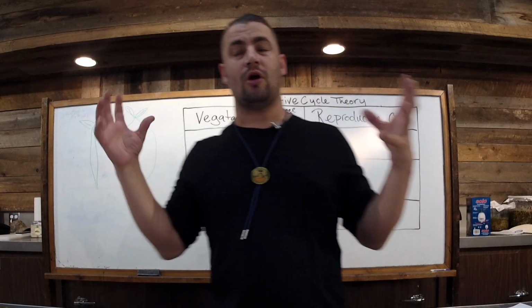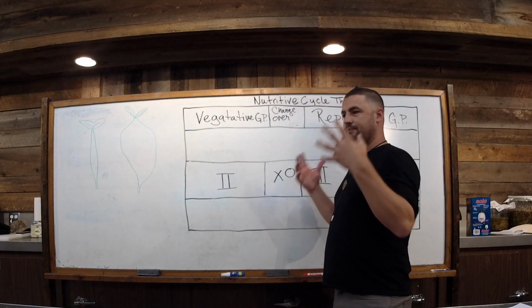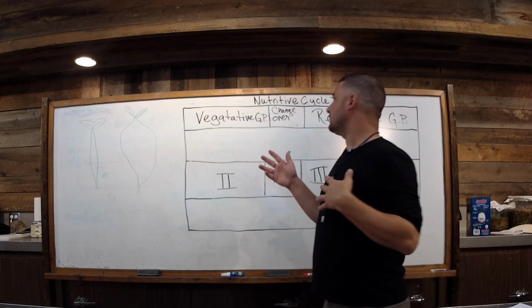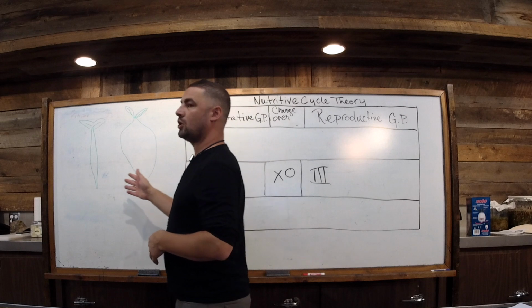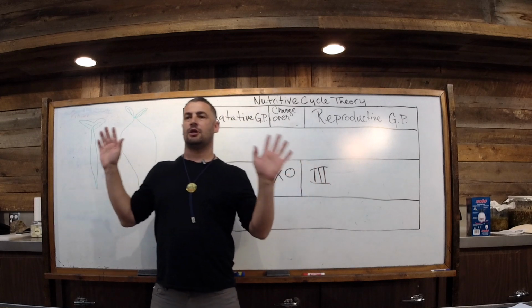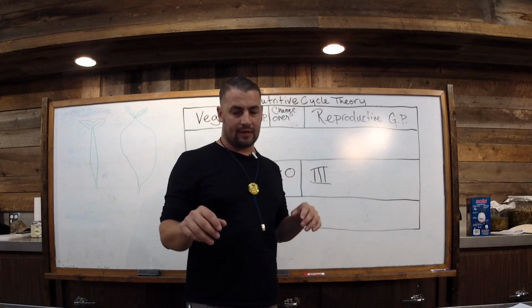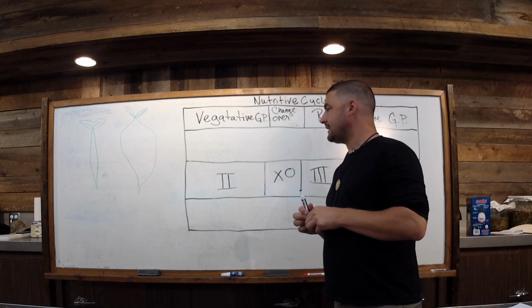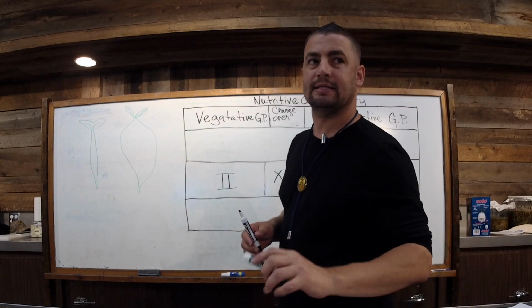All right, so we're all on, we got this. So this is the basic concept of the nutritive cycle, right? So we're observing our plant. All right, now I'm going to jump into the next bit.